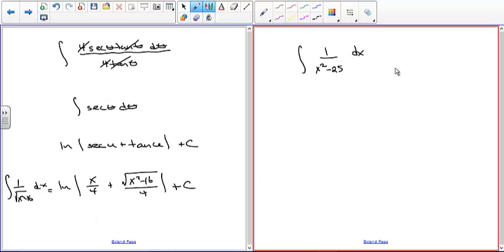So we're going to still use the same substitution, secant theta equal, in this case, x over 5, and I'll draw the picture for you, but then you're going to do the rest of it. So go ahead and do that one. And remember, x squared minus 25 is the square root of x squared minus 25 squared.